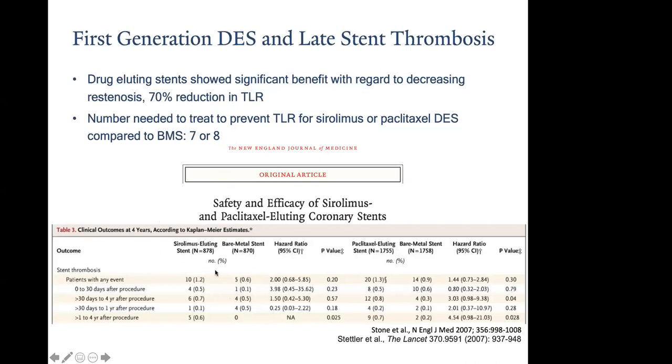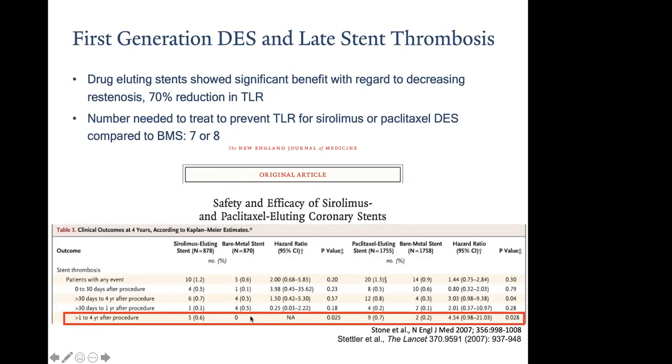But the negative that came out of these meta-analyses is that there was a signal of higher stent thrombosis for both Sirolimus and paclitaxel drug-eluting stents, so the Cypher stent and the Taxus stent. Between 1 year and 4 years after the procedure, patients with Cypher stents had no episodes of stent thrombosis compared to bare metal stents, and with the Taxus stent, there were 9 patients with stent thrombosis compared to 2 with bare metal stents.